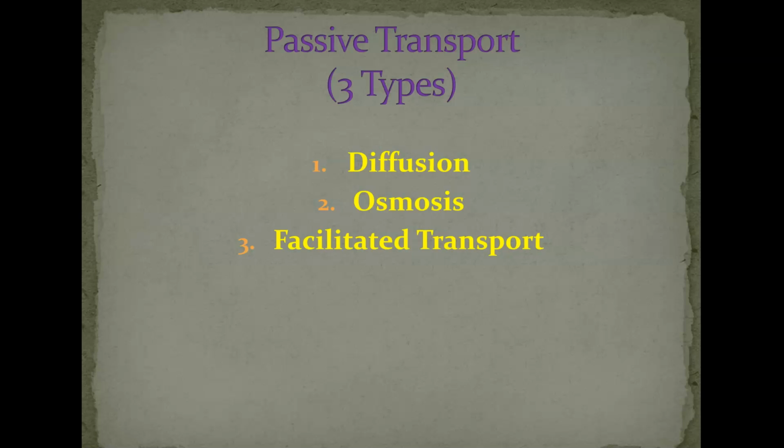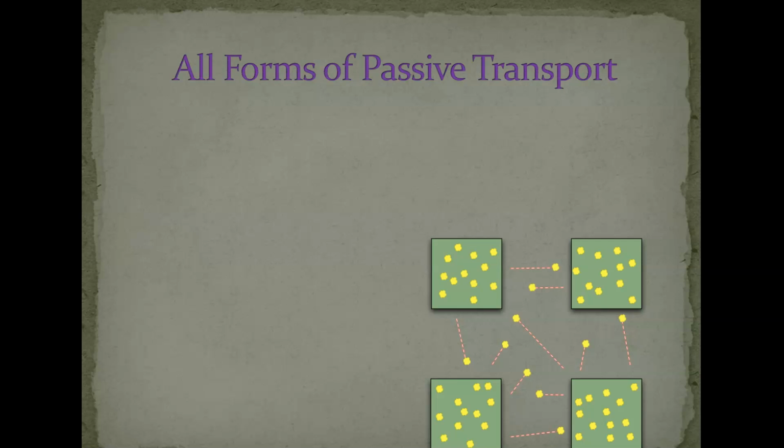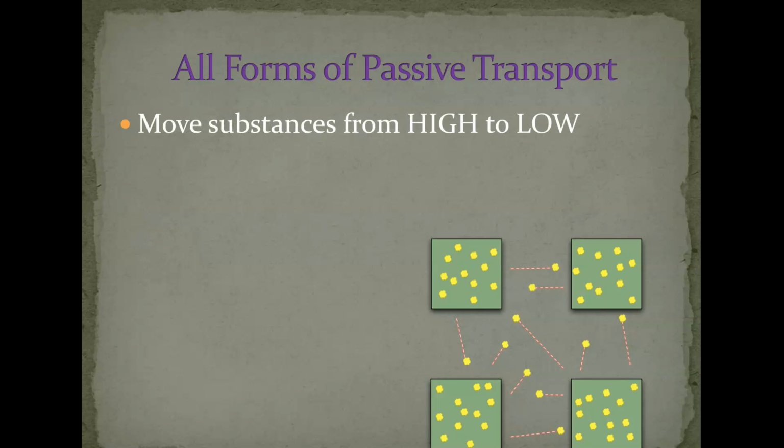But what I do want to go over first is what all three of these have in common. So all forms of passive transport have these things in common. Substances move from high to low, and I'm thinking of high to low as in concentration. So if we have a cell like this, and we only have 2 in here, and we have 15 dots out here, we're going to want to move from this high concentration to that low concentration.